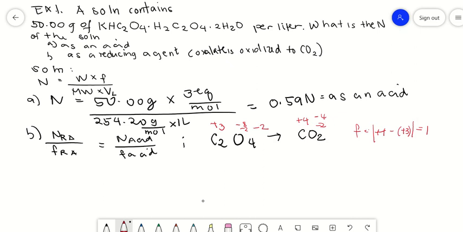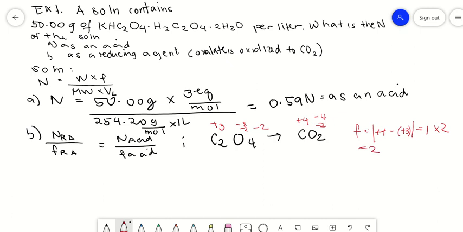How many carbons do we have? So take note that there are 2 carbon in oxalate. So if you're going to multiply that by 2, because there are 2 carbon atoms in oxalate, that is times 2 is equal to 2.